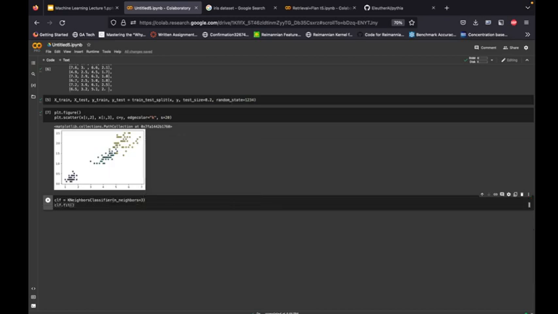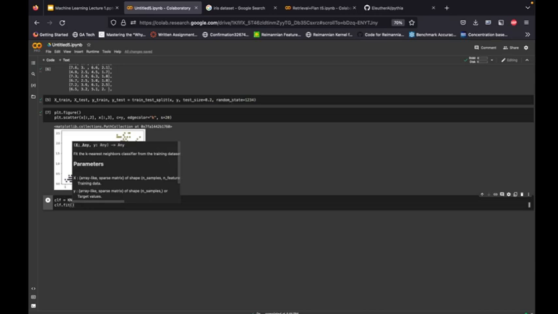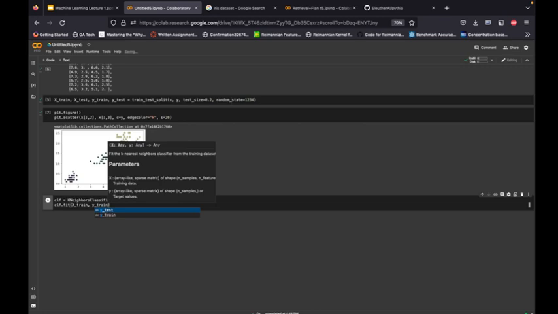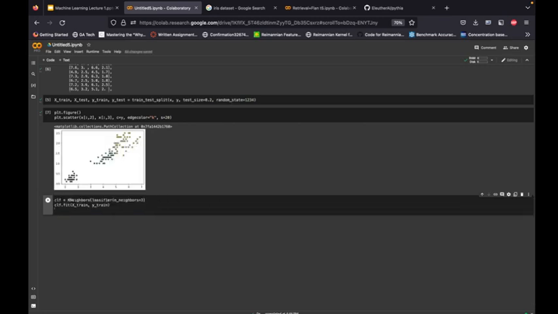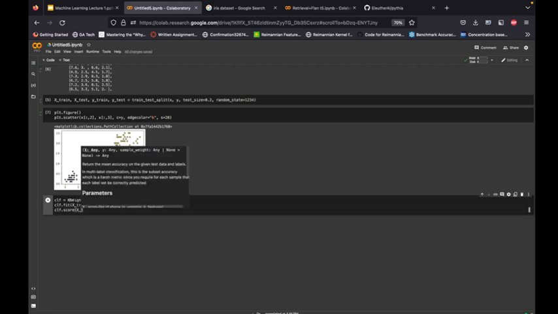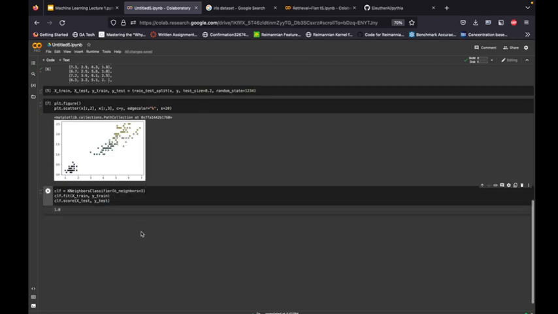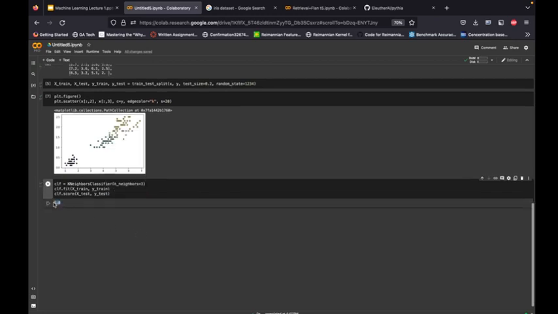So we fit the model on our X train and our Y train. And then finally, we score the model to see what its accuracy is. And it's 100%, which is actually really good. You very rarely see this in machine learning, so it's pretty good to see it.